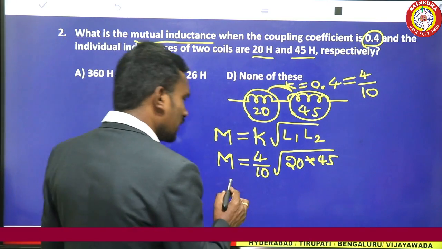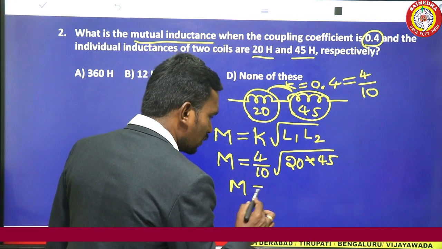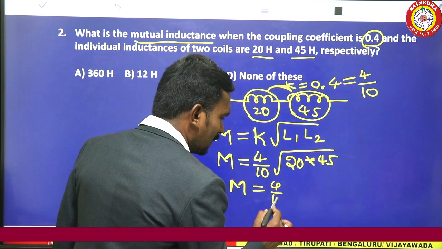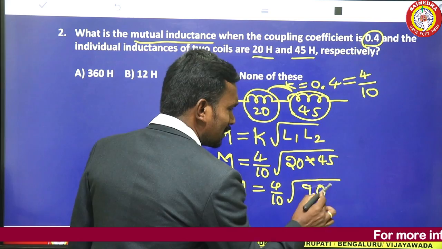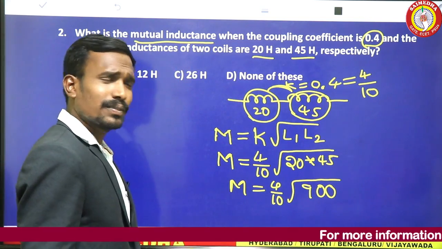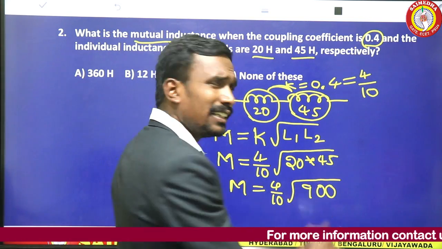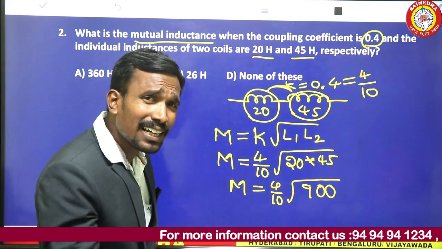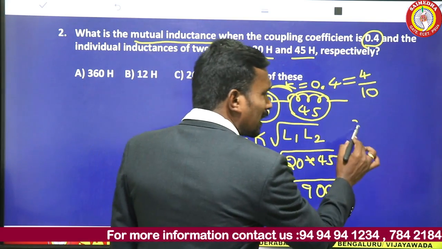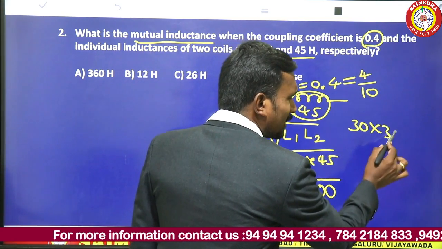So what is the answer for this? M is equal to 4 by 10 times square root of, this is 900. Square root of 900 is 30. Yes or no, guys? 30 multiplied with 30.